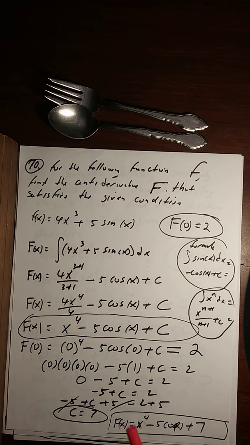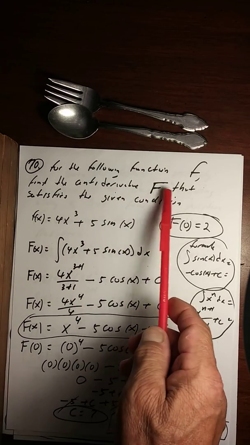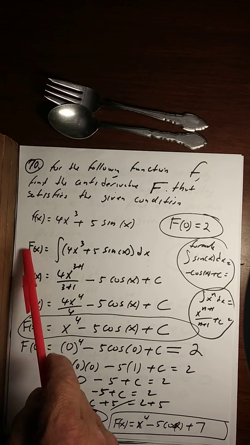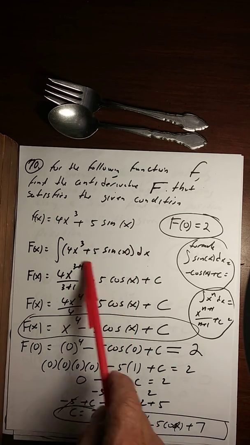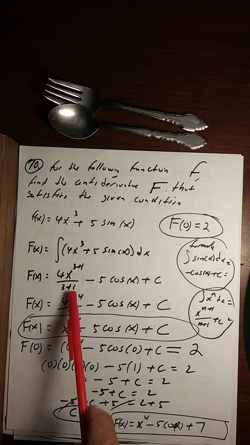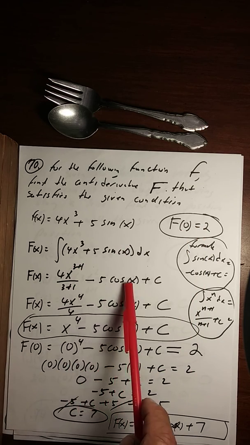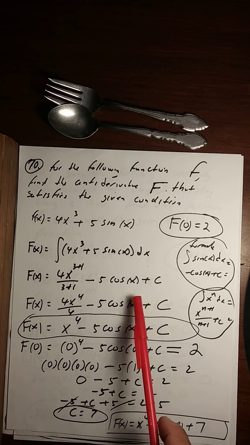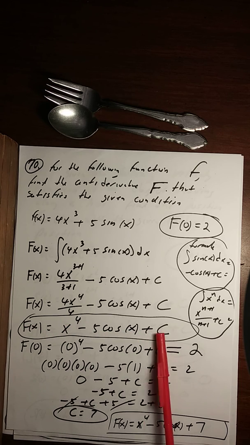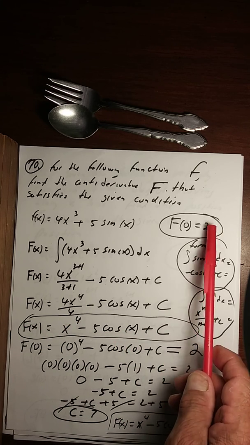For the following function f, find the antiderivative big F that satisfies the given condition. So f of x is this, and big F of x is going to be the integral of all of that, with the condition right there. That's going to give 4x to the 3 plus 1, minus 5 cosine of x. Now this divides 4, yes, so you have big F of x equals x to the 4th minus 5 cosine x plus c. We have an initial condition right here.